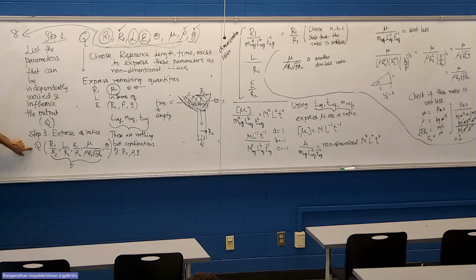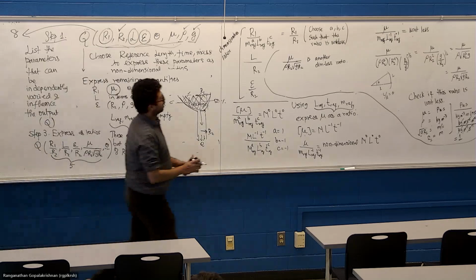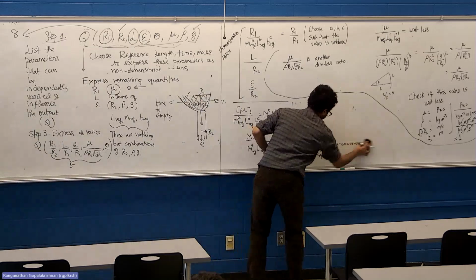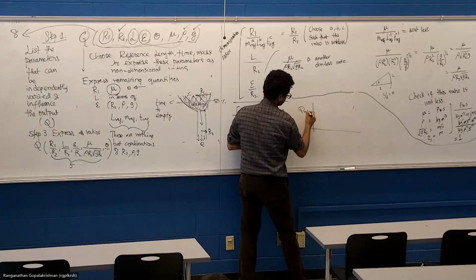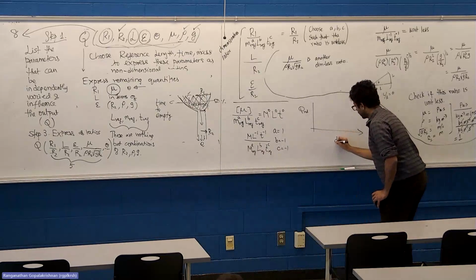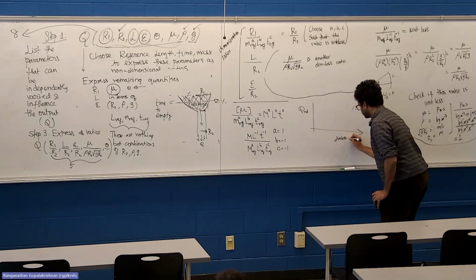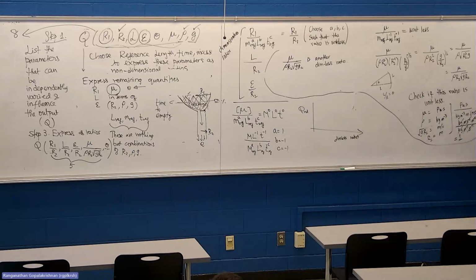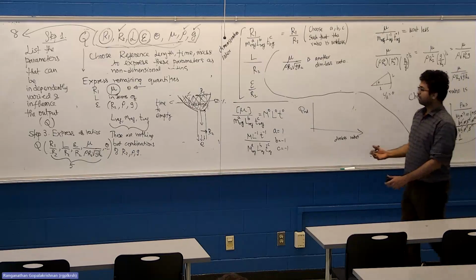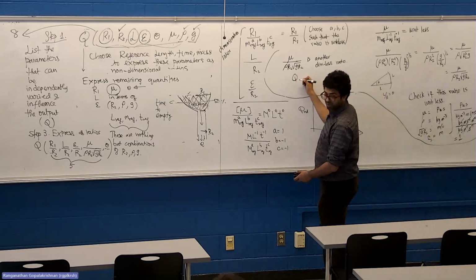What about this flow rate? Can we non-dimensionalize this flow rate and turn this into a relationship where you have a non-dimensional Q and other dimensionless ratios? How to non-dimensionalize Q? What is Q? Q is flow rate, right?